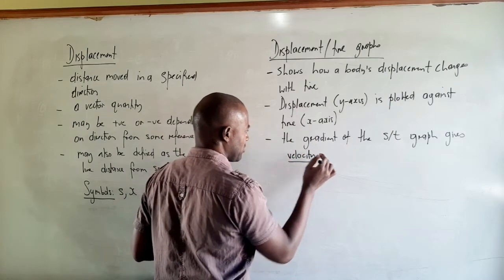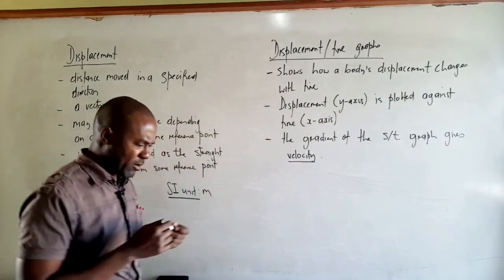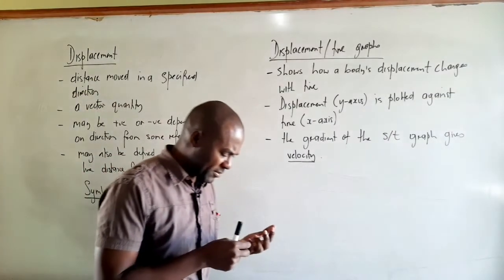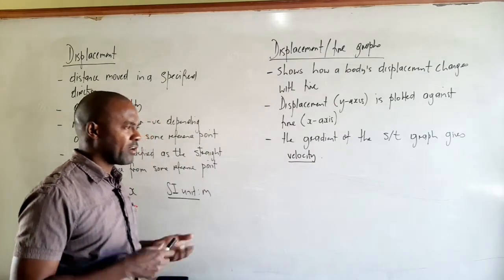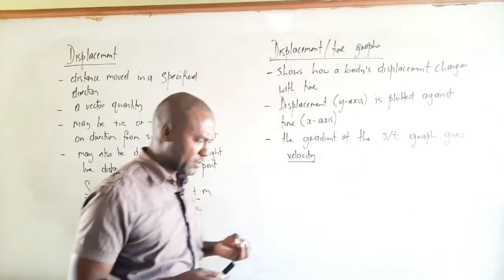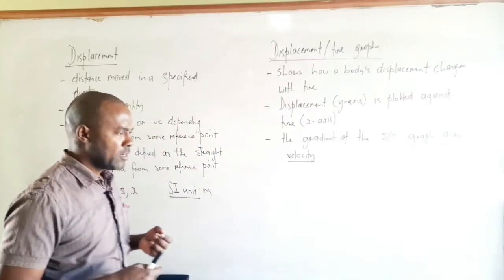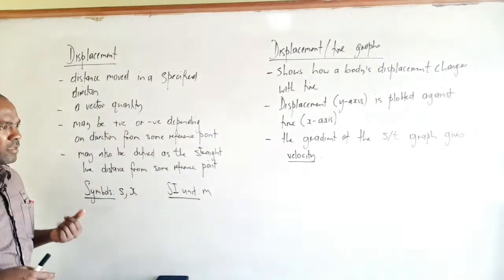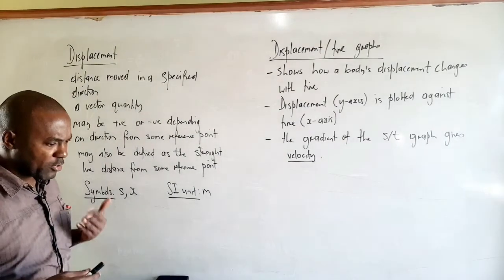Right? So the gradient of the displacement time graph gives velocity. And later on, of course, we'll analyze these graphs to determine if the velocity is increasing, decreasing, or whether it is constant.